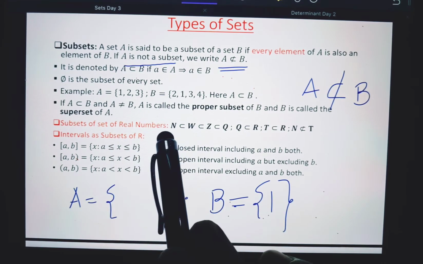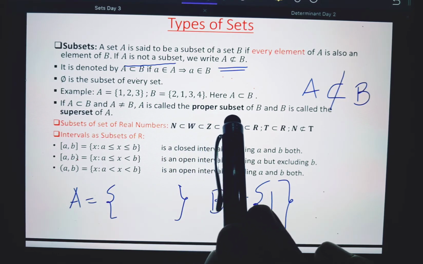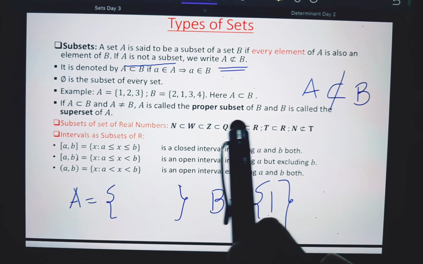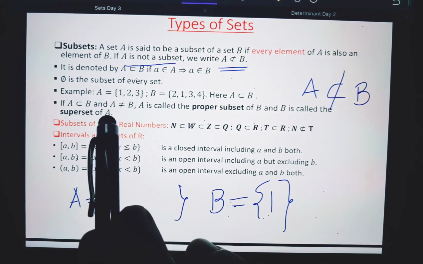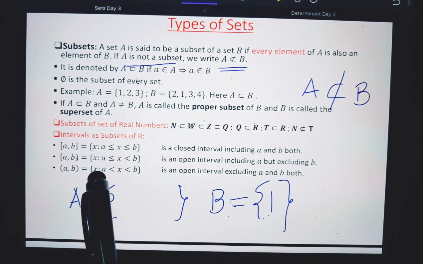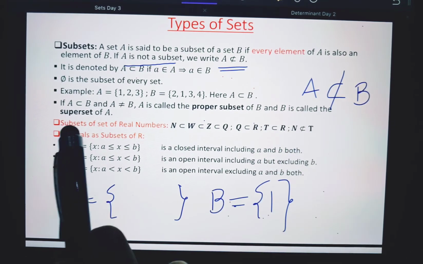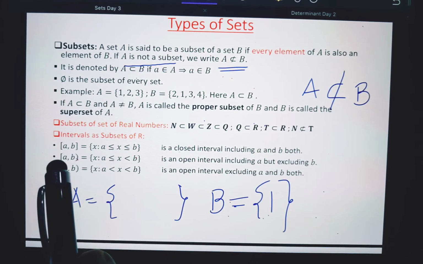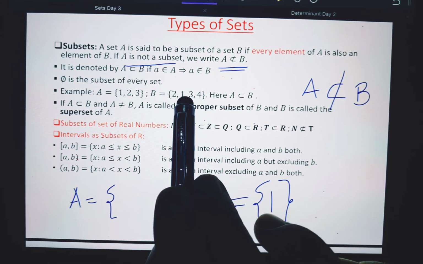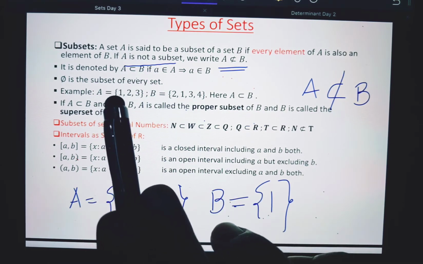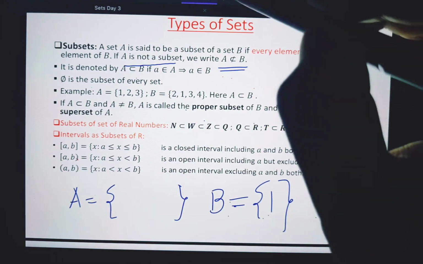Then I can say A is called the proper subset of B. A is the proper subset of B when A is a subset of B and A is not equal to B. Understood? And B is called the superset of A. So if A is known as the proper subset of B, then B is known as the superset of A. Understood?